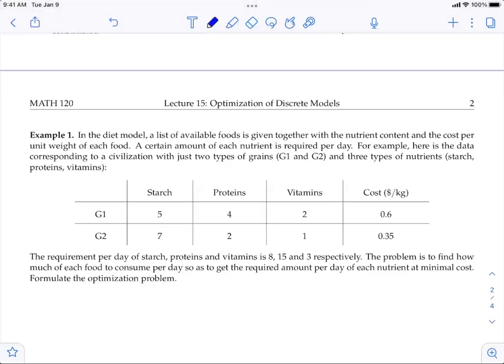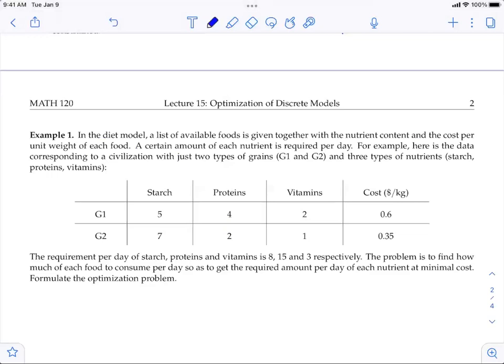So we want to minimize the cost, obviously. And this optimization has to depend on certain conditions: the requirement per day of starch, proteins, and vitamins is 8, 15, and 3 respectively. All right, so let's formalize this particular optimization problem.